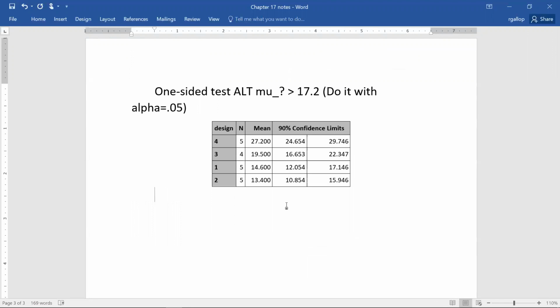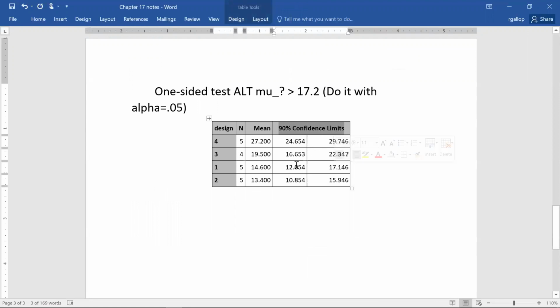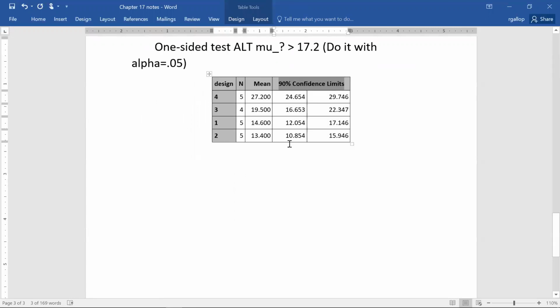Now, in this case, for one-sided, we double the confidence interval, so we get a 90% confidence interval. But remember, a one-sided confidence interval has one of the bounds going to either infinity or negative infinity, and the infinity we use is in the direction of the alternative.